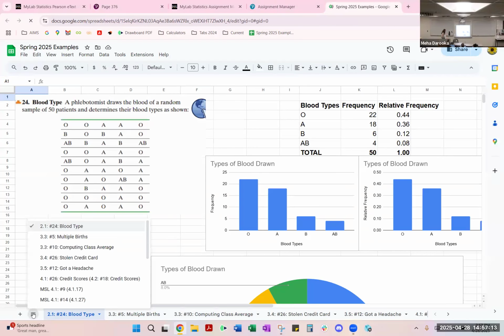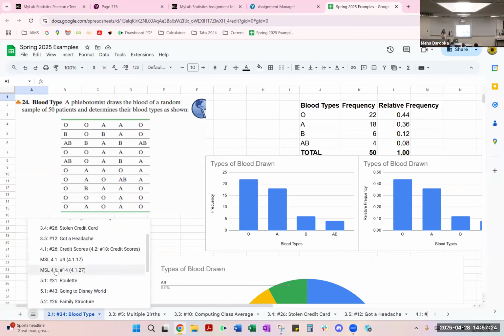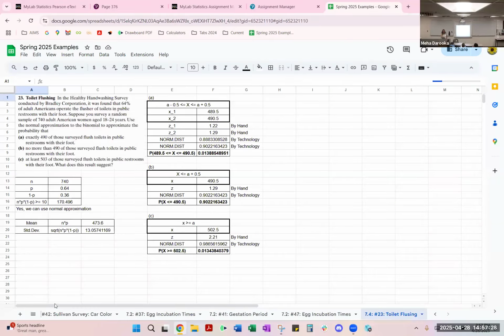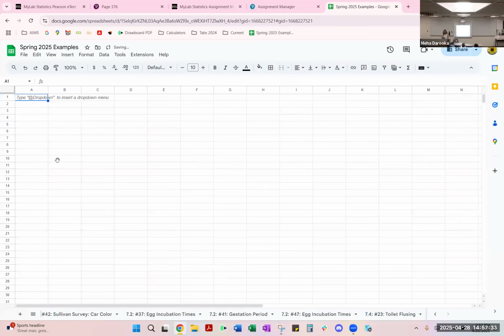Just so you know, if you click on those three little lines on the bottom left corner of your Google Sheets, it shows you all the different sheets that are in there. I'm just going to the last one that we had done, which was from 7.4, and then I'll add our new sheet.